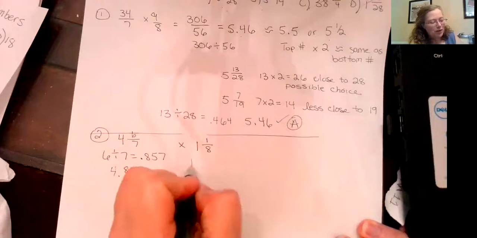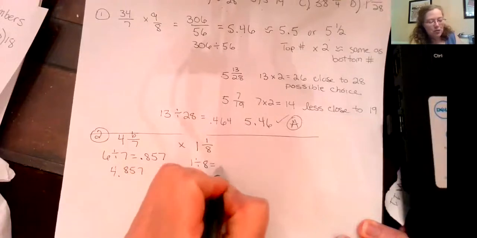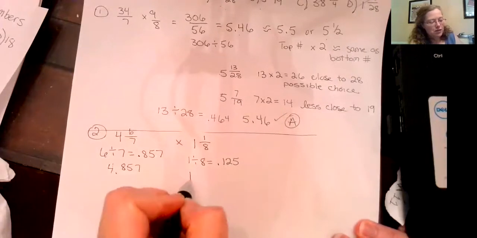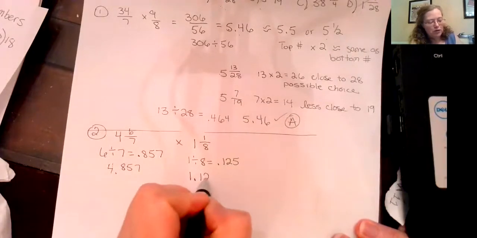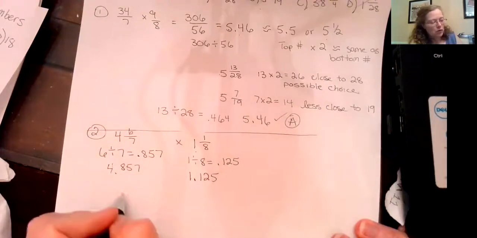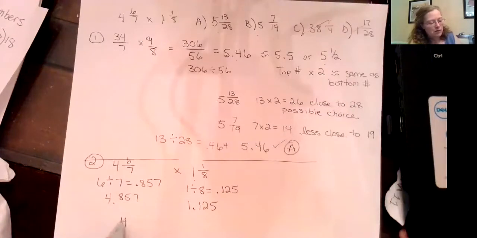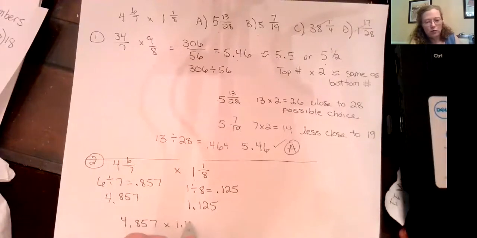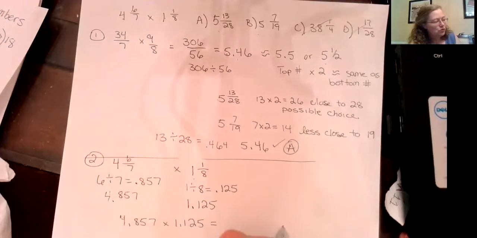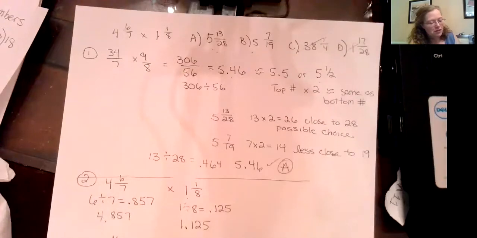And 1 divided by 8 is 0.125. So this ends up being 1.125. 4.857 times 1.125 is equal to 5.464.